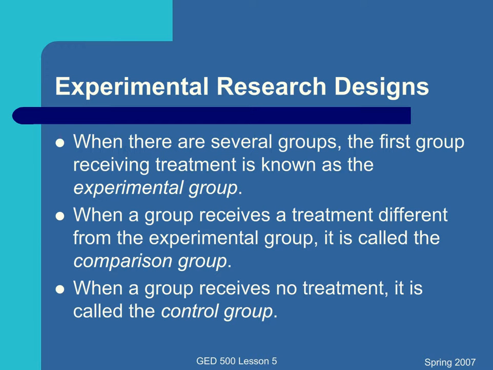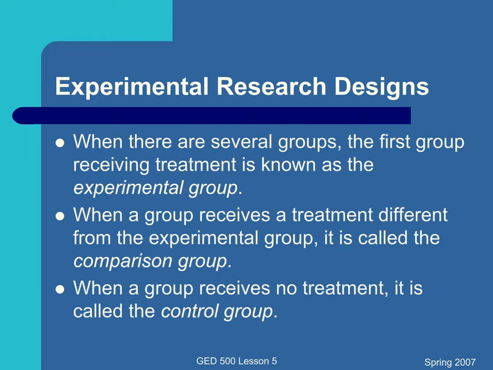So there's a couple things we should think about with different types of groups that you use for the particular design you choose. When there are several groups, the first group receiving the treatment is known as an experimental group. And when a group receives a treatment different from that experimental group, it's called a comparison group. So that's the group that's being compared to. When the group receives no treatment or no particular intervention or no particular method, this is called the control group.